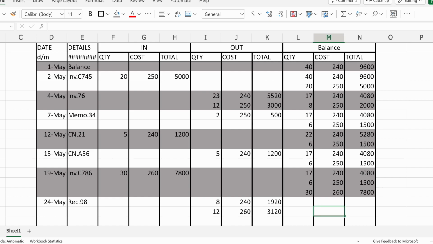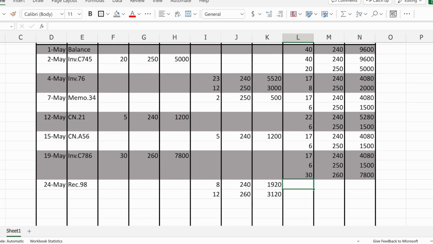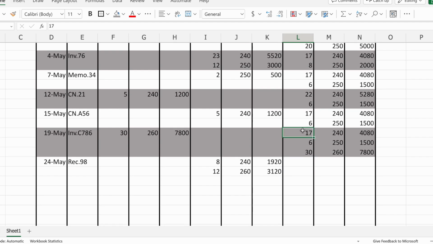Now all you have to do is record the balance. Remember, for the balance, since you have 3 pieces of inventory, you have 3 rows and 3 columns that you dedicate. So now the 17 one, the inventory that costs 240, is reduced by 8. So 17 minus 8. Now there's 9 left over, over 240, which is 2160.